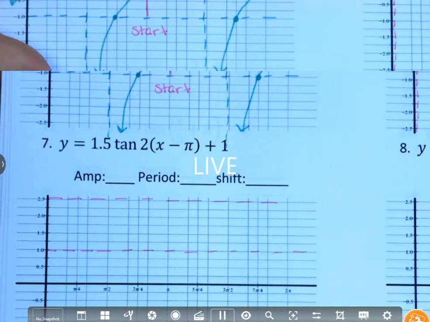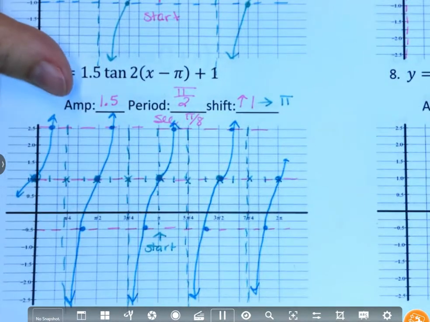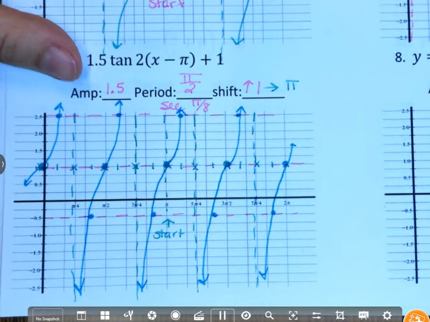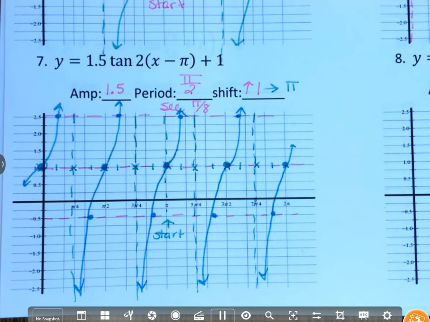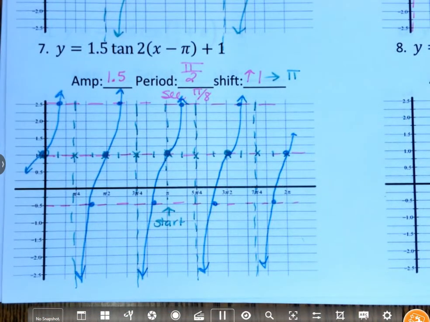Our answer for number 7 is this doodad here. Take a good look at that.